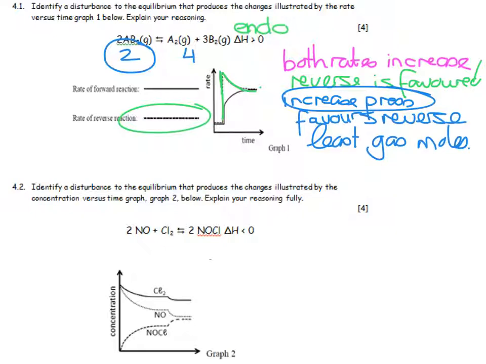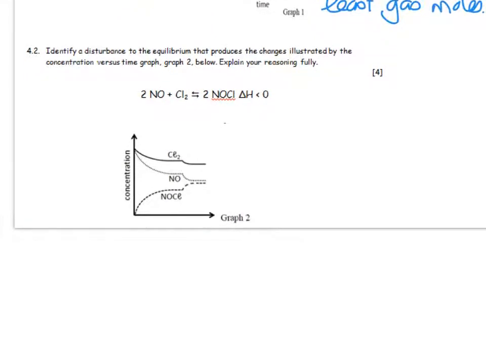Identify the disturbance that produces the changes illustrated by this concentration versus time graph. Concentration versus time is something different. Let's see what happens here. Firstly, I've got chlorine and NO going down, whilst I've got NOCl going up. That means I have favored forward.